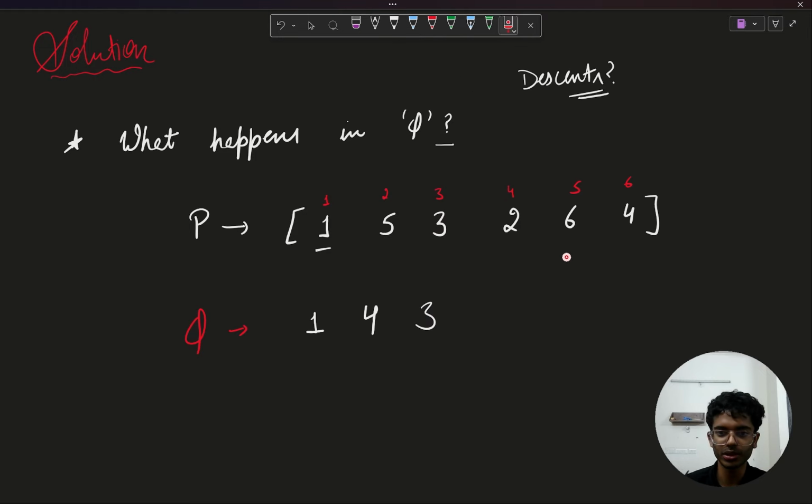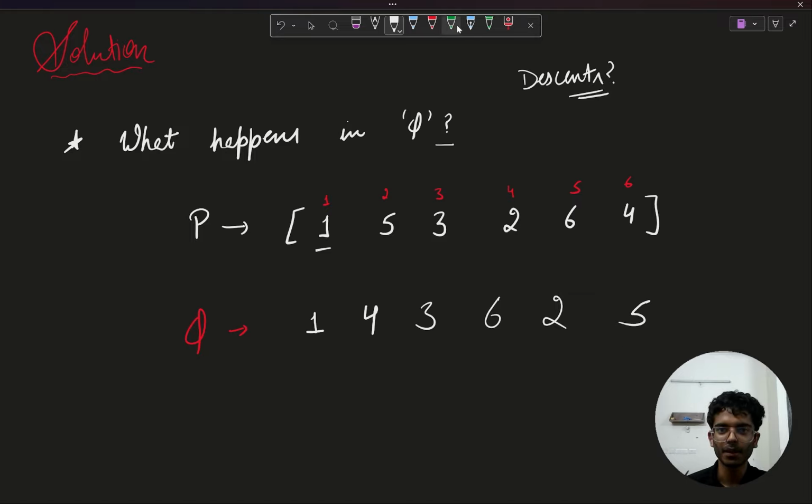So what is coming at position 4? This number 6. What would come at position 5? This number 2. Right. Now this created a descent. Why? Because this 4 appeared after this 5. And hence, at position 4, there was a 6, and at position 5, there is a 2. So there is a descent. Right. Now let us see what comes at position 6. It would be this 5.